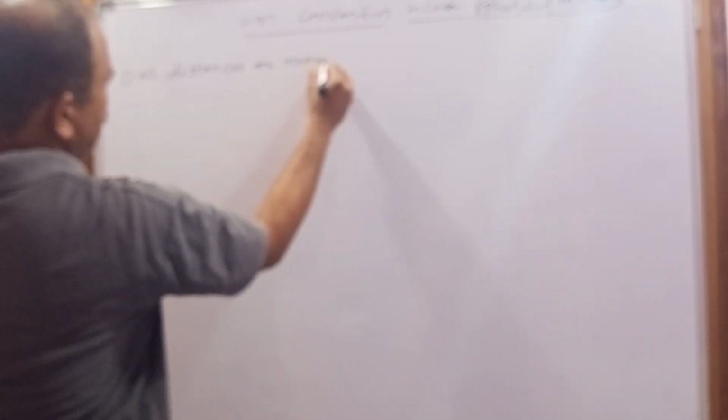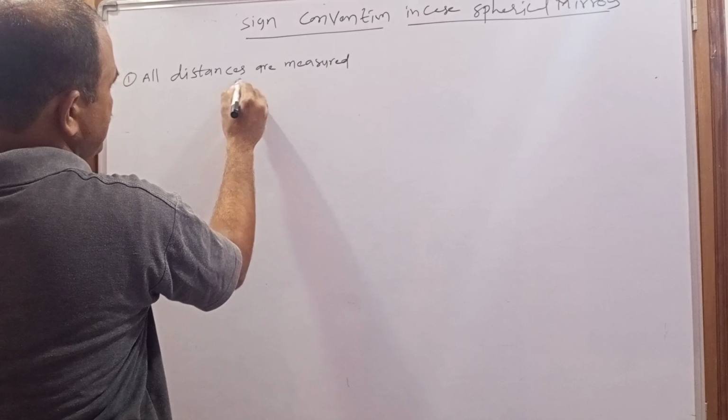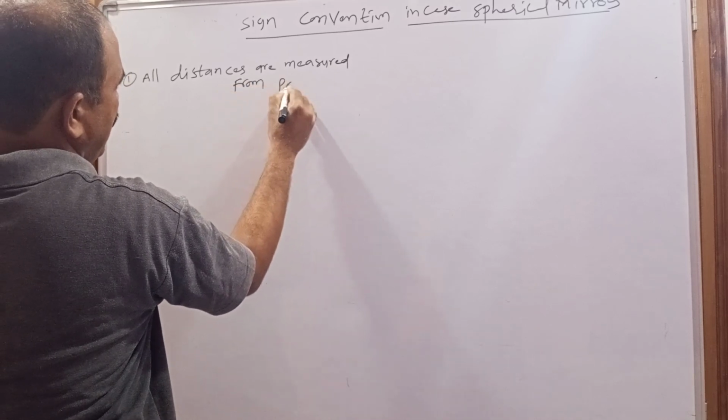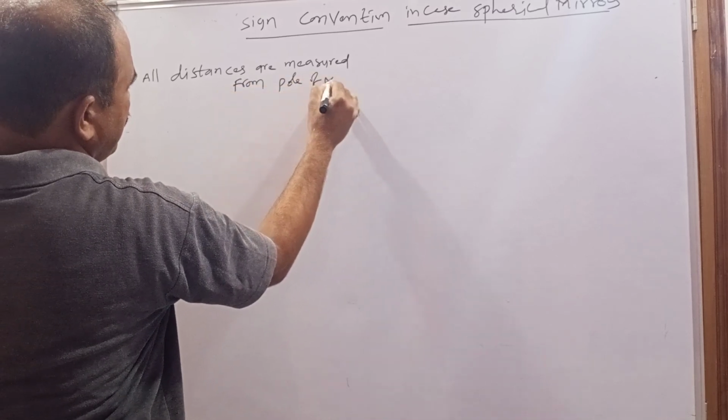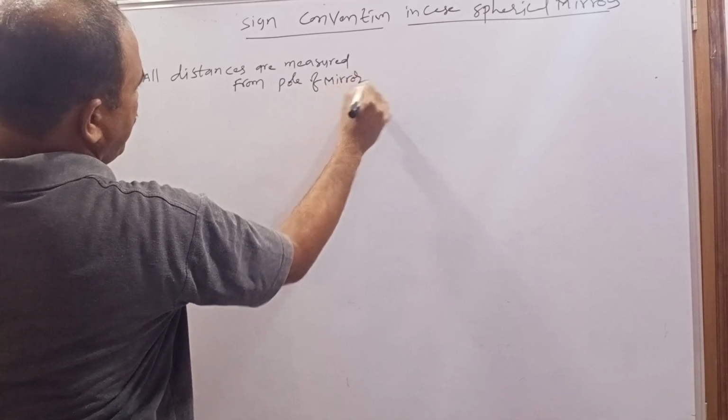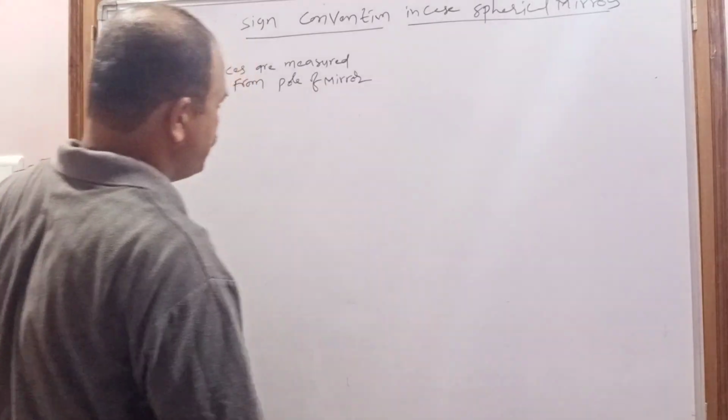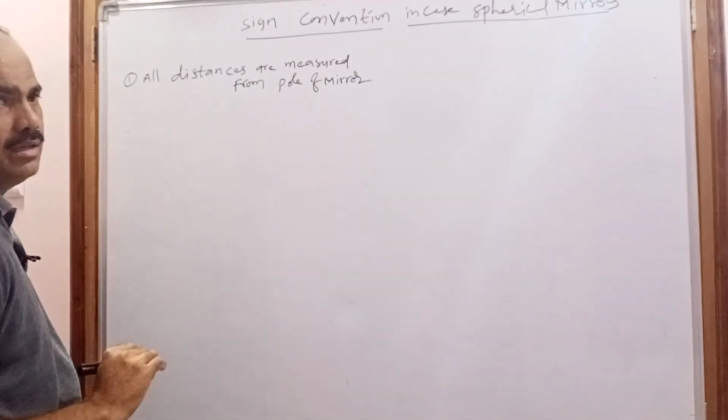The first convention is, all distances are measured from the pole of the mirror. That mirror may be concave or convex. This is the first sign convention.